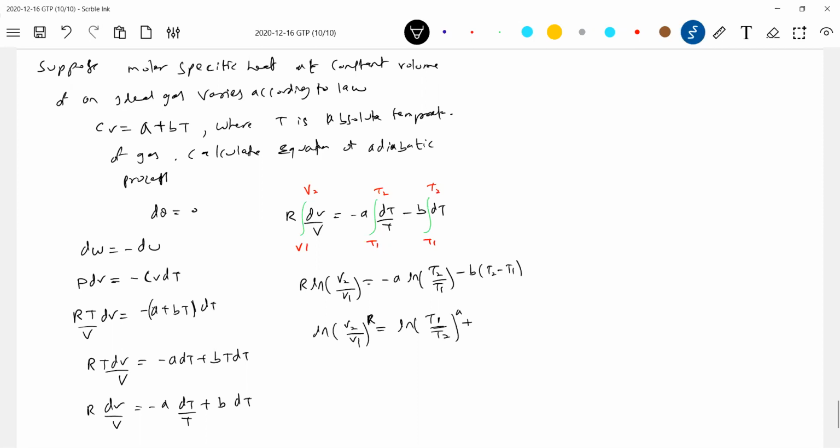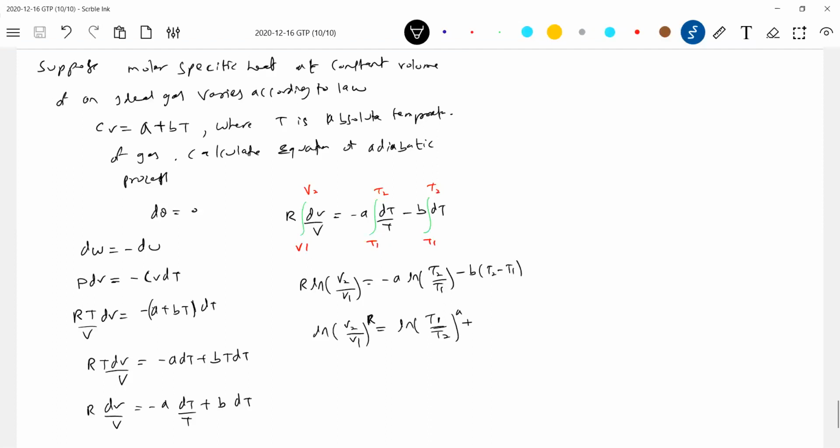Plus this will be, I have to bring log here, no? Log of e to the power of minus B times T2 minus T1. Okay, no harm, log and exponential as it is, this is the equation.